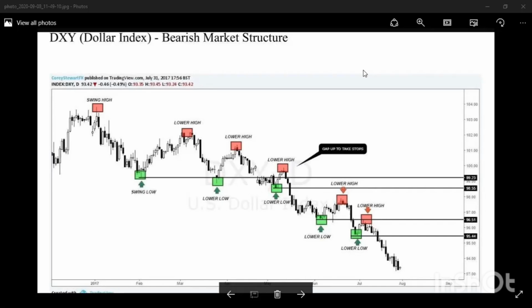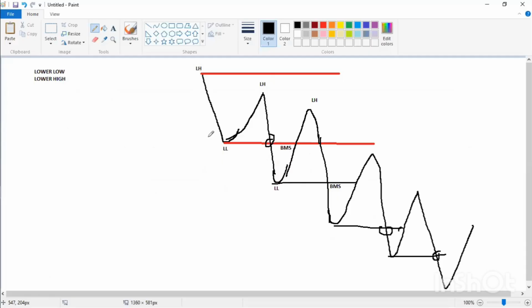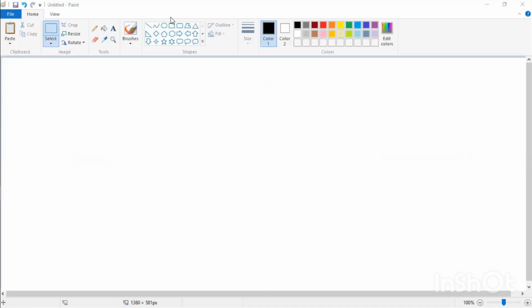Right, and then the last one was a ranging market. So again, higher high, higher low. Break market structure here. Higher high, higher low, higher high.